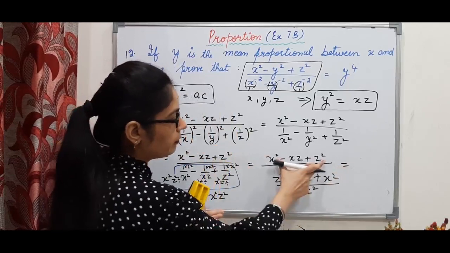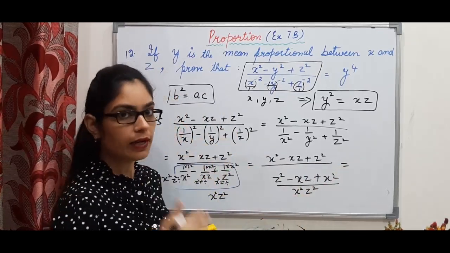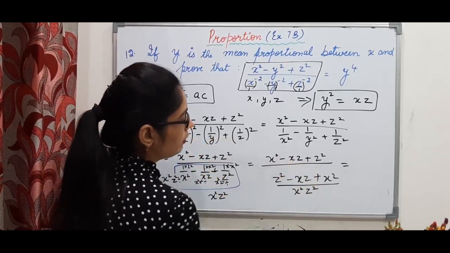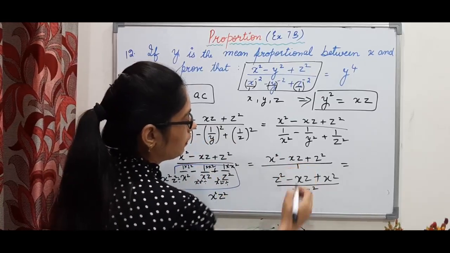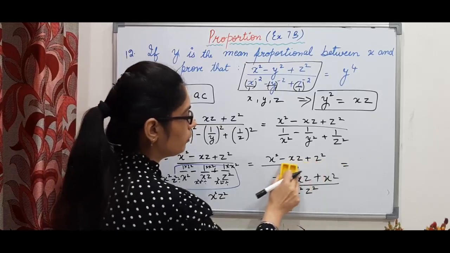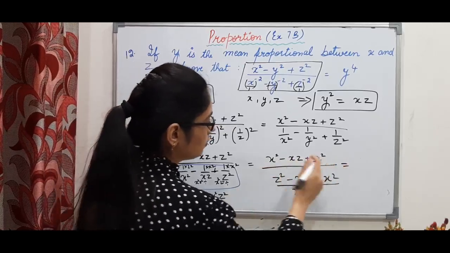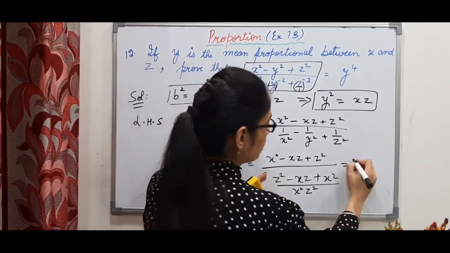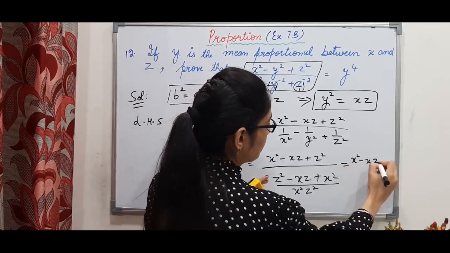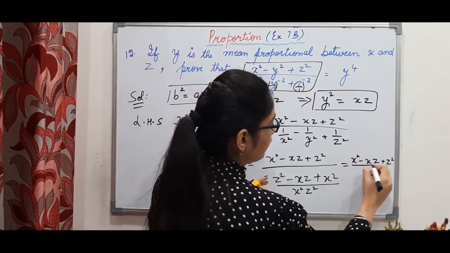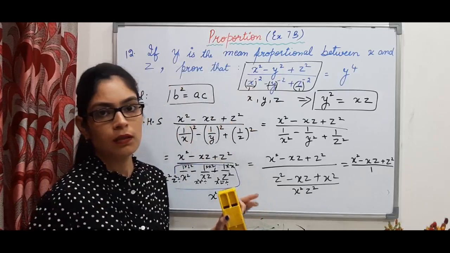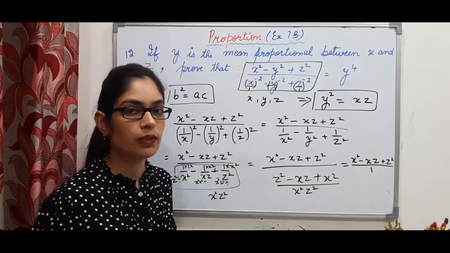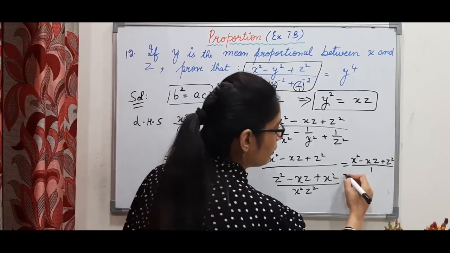Now this is one fraction and this is one fraction. Two fractions are getting divided. So in the next step, this number, x square minus xz plus z square, we can write as over 1, because this is one fraction, so let's write the numerator also in fraction form, so you can easily solve the division of two fractions.